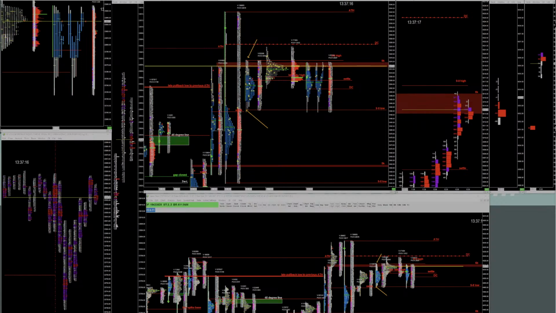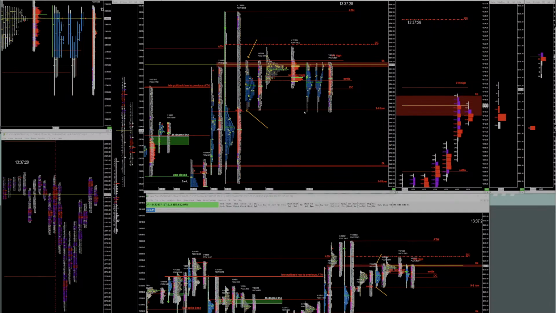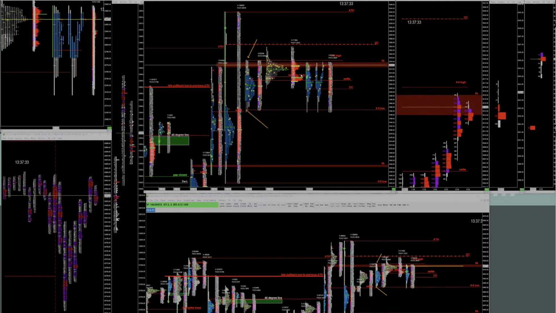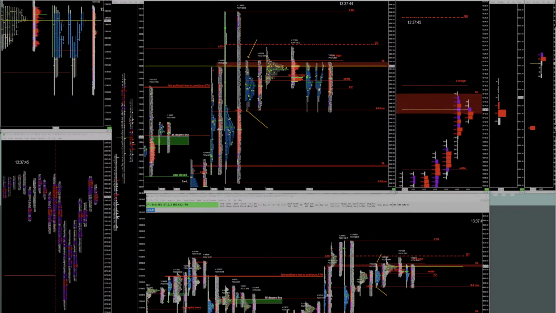But what happened is it does come to the lower side here, which actually gives us a trade to the opposite side, which at this moment of the day, I consider the trade has been completed. It's done.